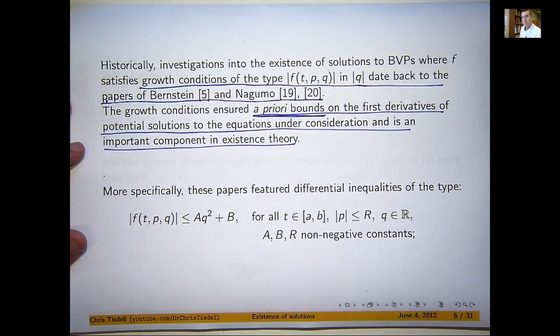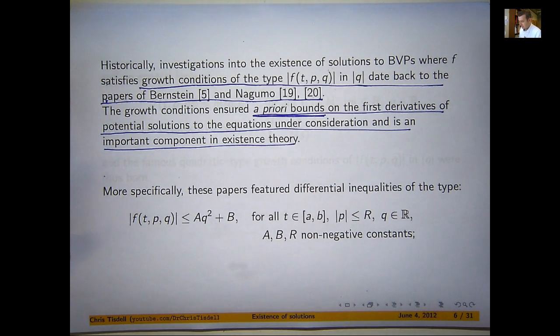We'll talk a bit more about that later. The obtention of such a priori bounds is really important in the theory of existence of solutions, and you'll see that when we look at the main result today.